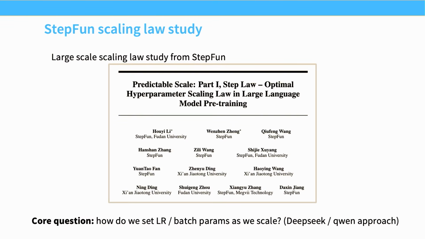The StepFun folks train credible large models and release them, and they burned a ton of compute grid searching the space of hyperparameters in this scaling law study. So I'll go through this and show you some intriguing empirical phenomena about how learning rates, batch size, and all of those affect downstream losses.